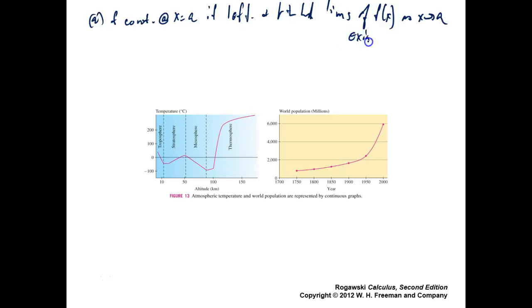I know it's easier seeing it. Now, is that statement true? F is continuous at a if the left hand limit and the right hand limit as x approaches a both exist and are equal to each other.